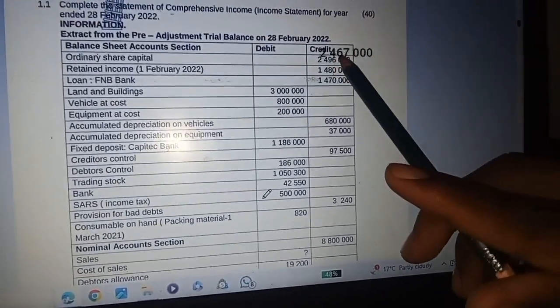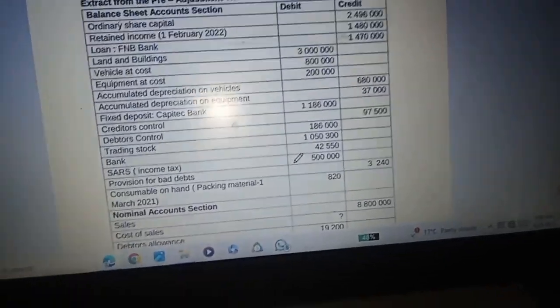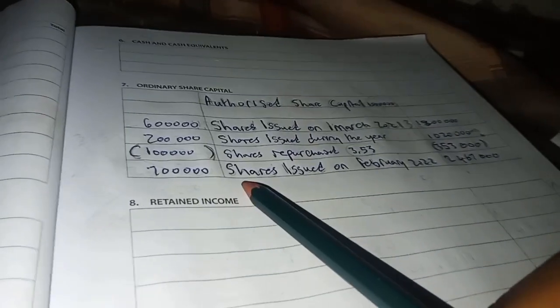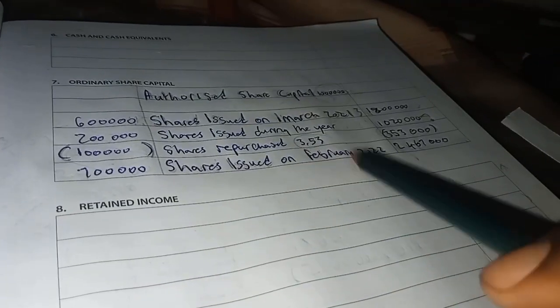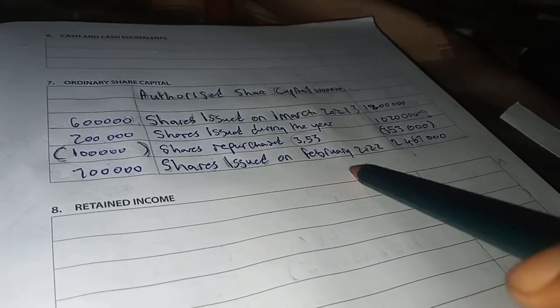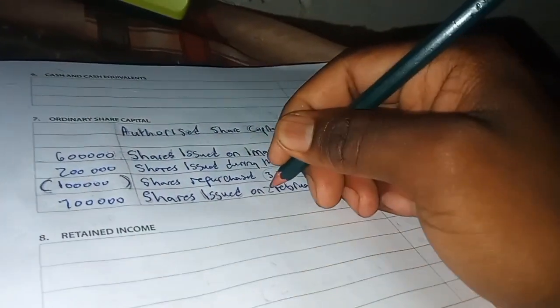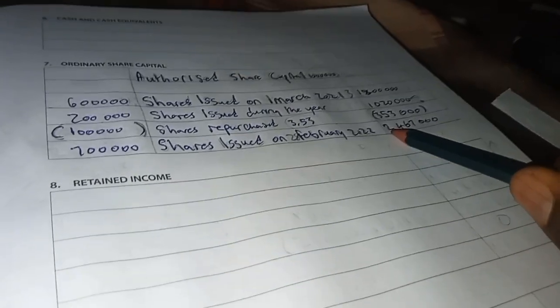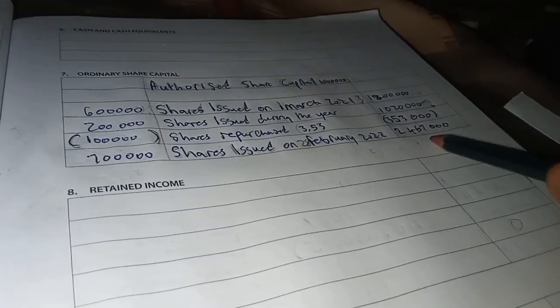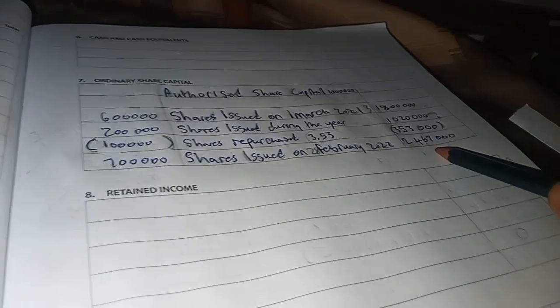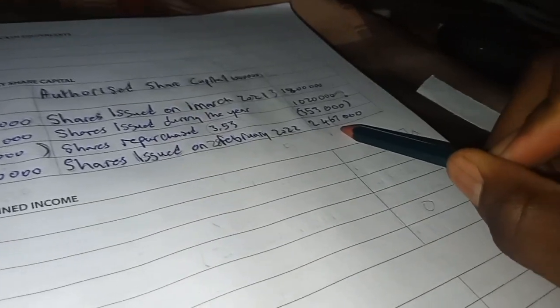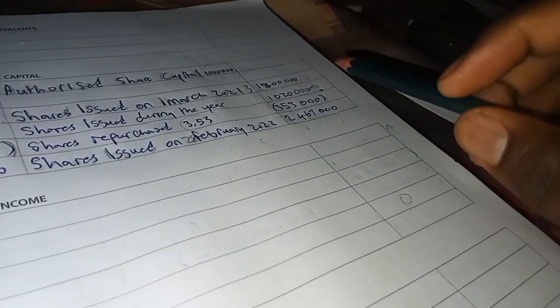Here it is at the end, on 28 February. The shares repurchased in February 2022 means the end of February, so it's going to be on the 28th of February. Now here is that amount, 2,467,000 rands.